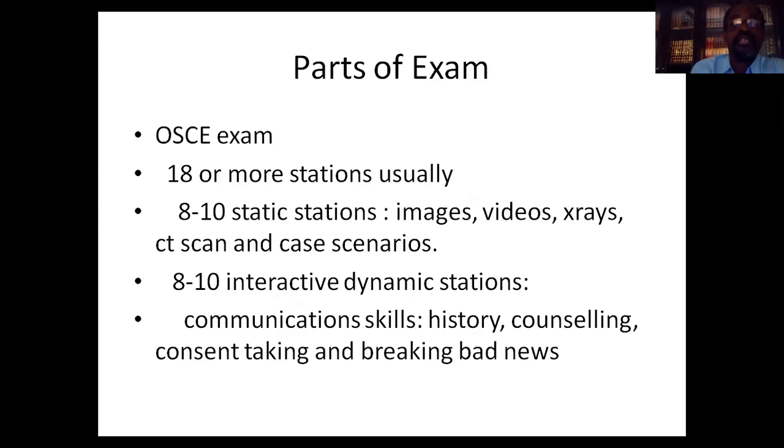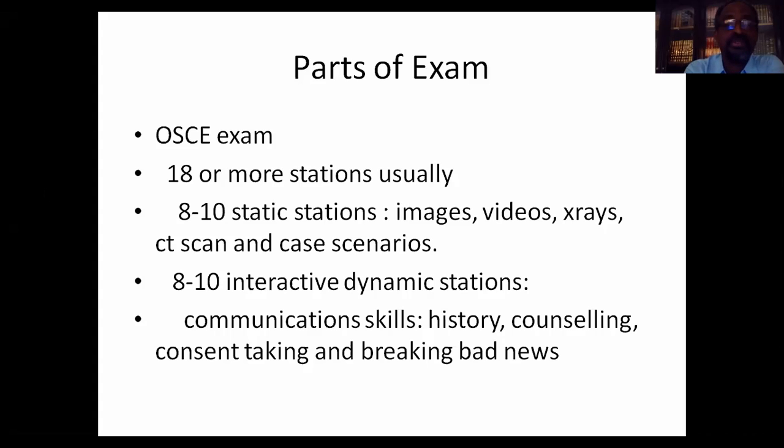For example, a case scenario may be a patient with excessive vomiting. He has this urea and electrolytes. How are you going to replace his electrolyte deficit? Then you will answer in the answer sheet how you are going to replace the fluid and electrolytes of that patient.